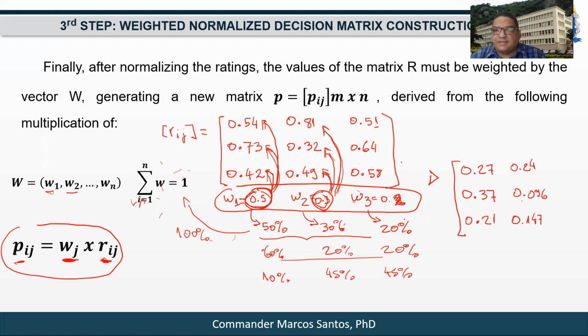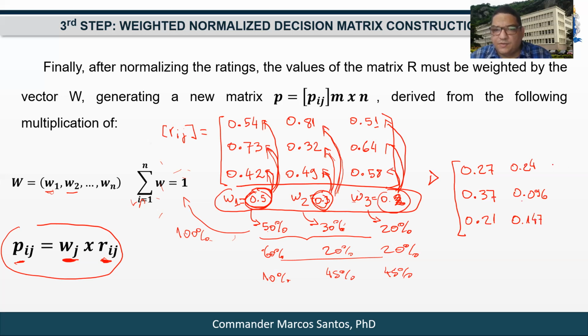And at last, I have 0.2 times 0.51, 0.64, and 0.58.